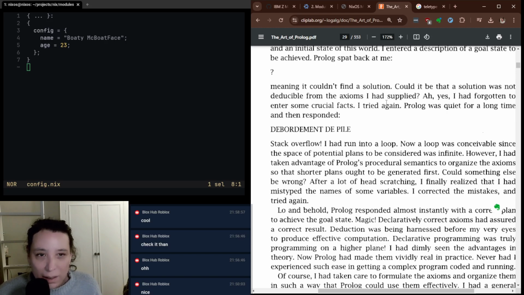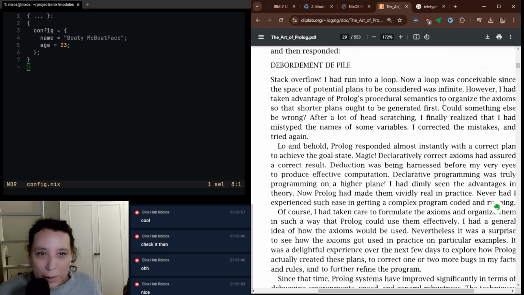I tried again. Prolog was quiet for a long time and then responded, Débordement de pile. Stack overflow. I had run into a loop. Now, a loop was conceivable since the space of potential plans to be considered was infinite.